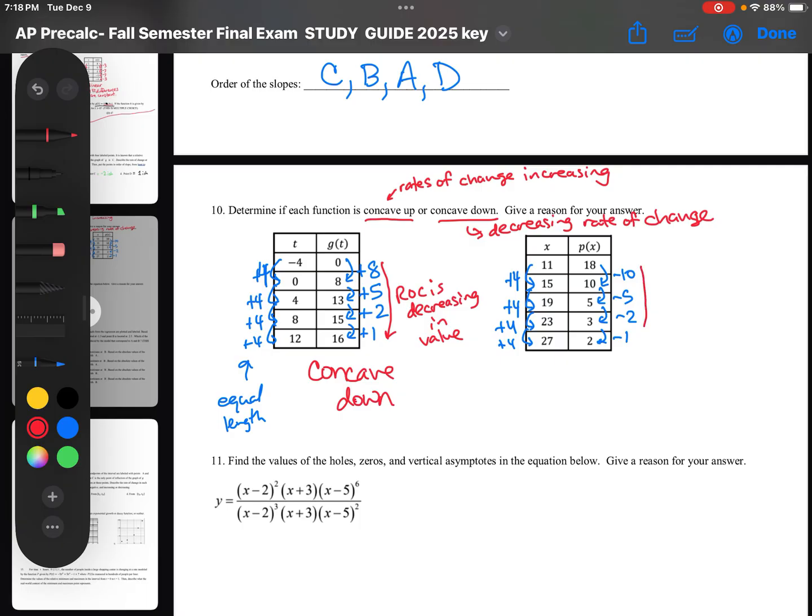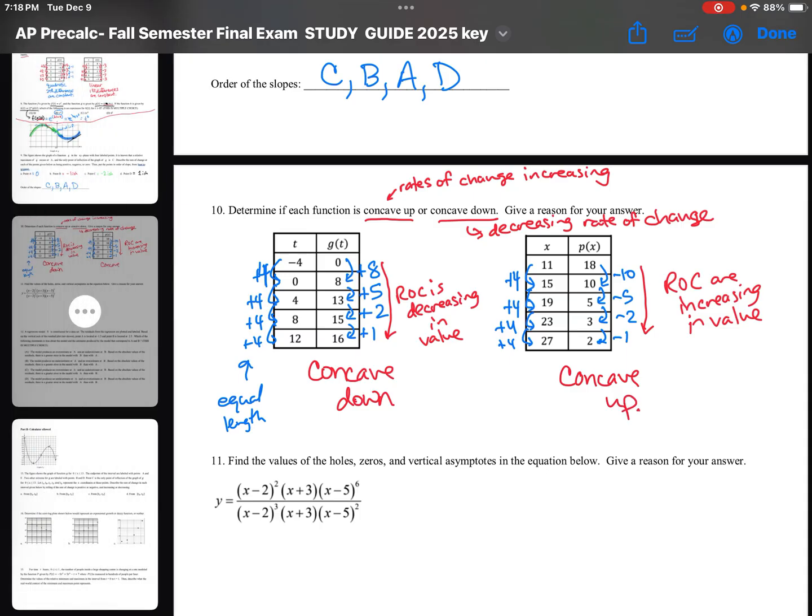As I check those outputs, as we move down the chart, negative 10 to negative 5 to negative 2 to negative 1, the rates of change are increasing in value. Okay, because remember, when you're in negative world, the smaller the negative, the higher the value. Okay, so what this means is that we are concave up. All right, excellent.